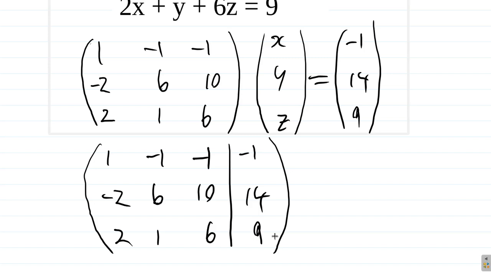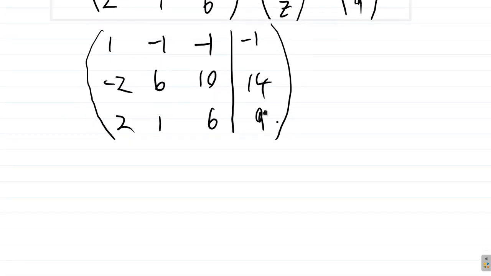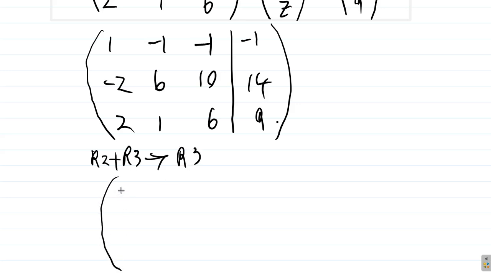Now, remember, you want to try to get a 0 in this position. You don't have to worry about multiplying by anything because you already have rows 2 and 3 set up to give you a 0 right away. So if you consider row 2 plus row 3 gives you your new row 3, what you would have is this.